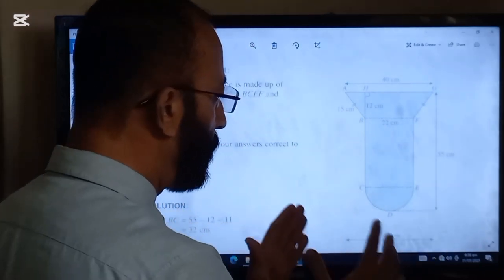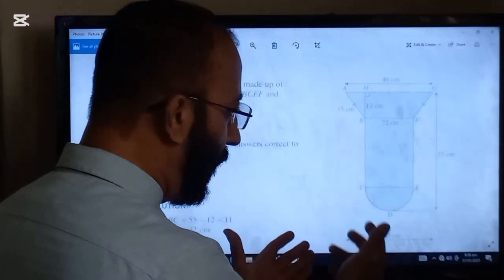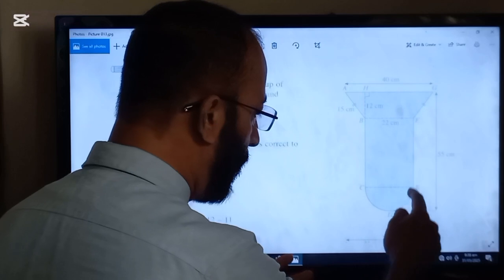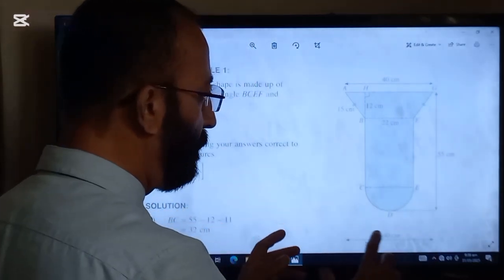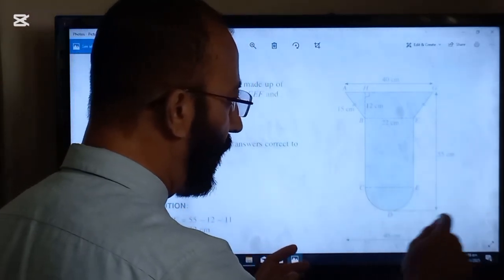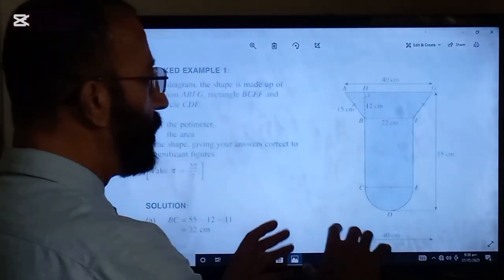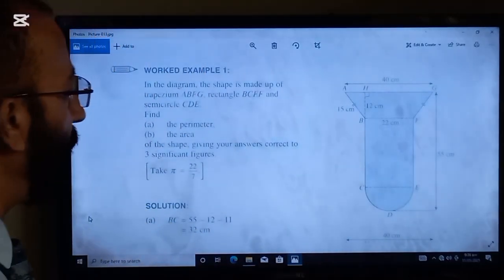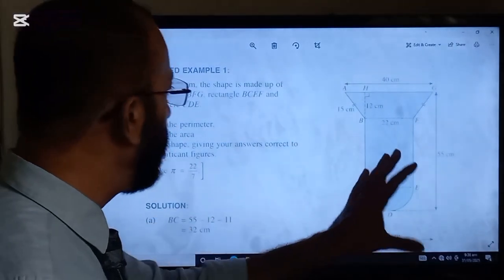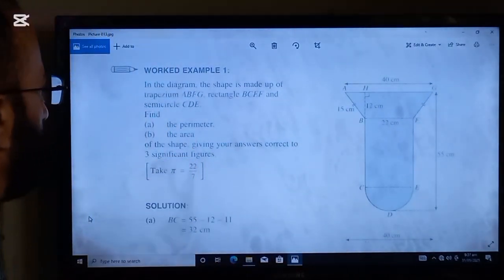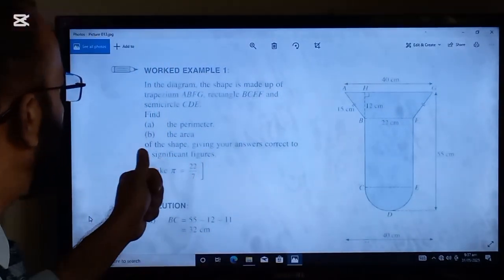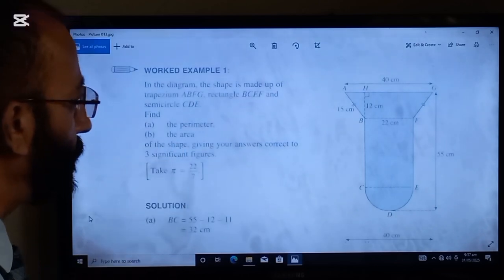So we will find the circumference, the curved part of the semicircle. That can be found by using the formula 2 pi r over 2, where r is 11. In this way you will find all the values and add them to find the perimeter of the figure.